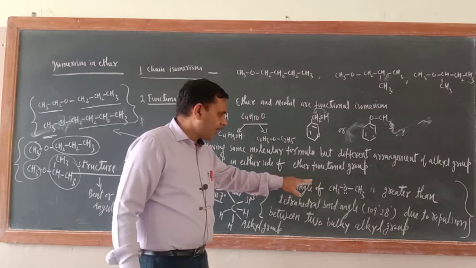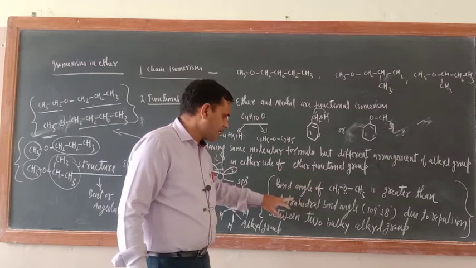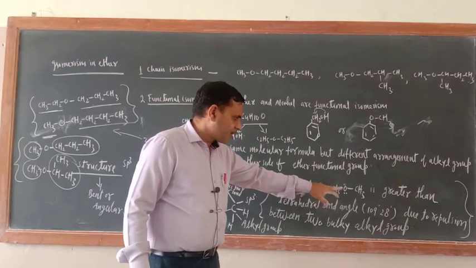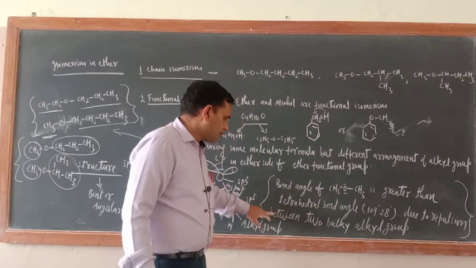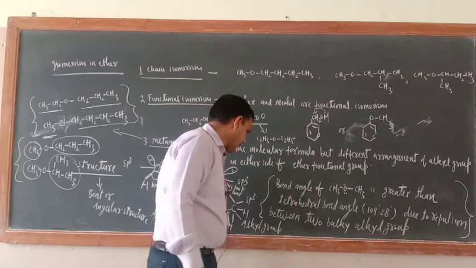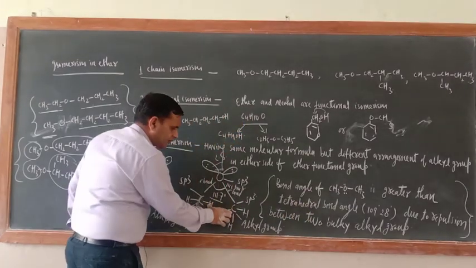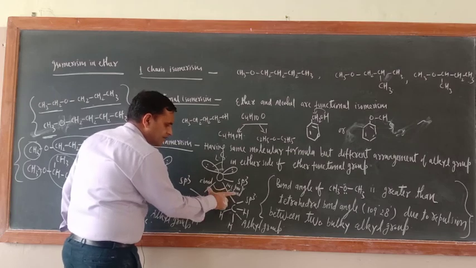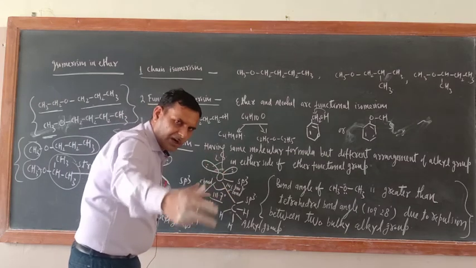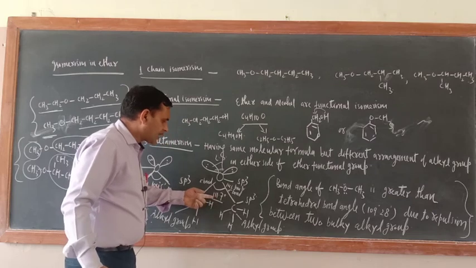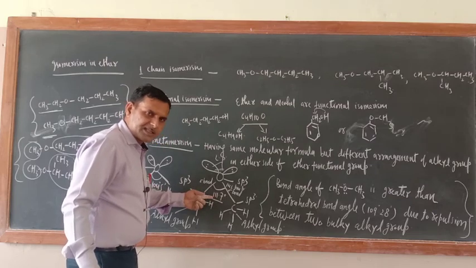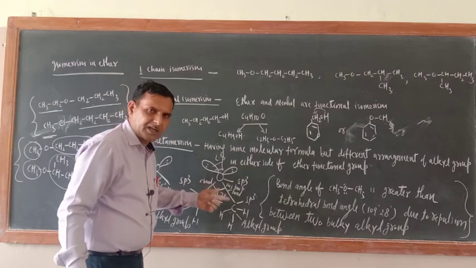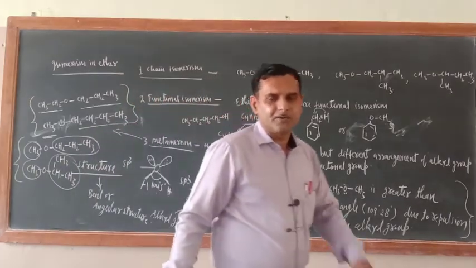The bond angle of CH3OCH3 is greater than the tetrahedral bond angle of 109 degree 28 minute due to repulsion between the two bulky alkyl groups. Just see, these are bulky alkyl groups, and they repel each other. That is why this bond angle is slightly elongated. This is the only reason that the bond angle is 111.7 degree instead of 109 degree 28 minute.